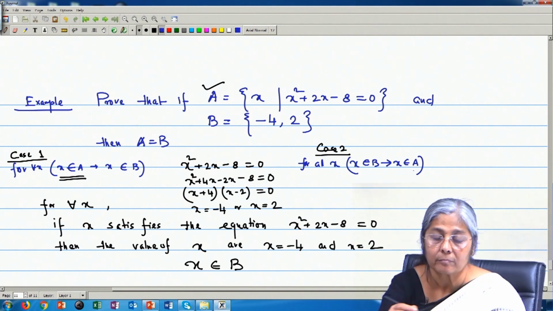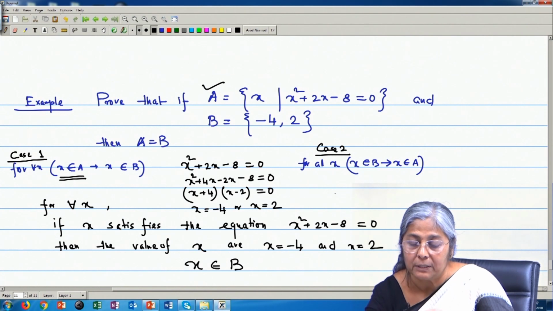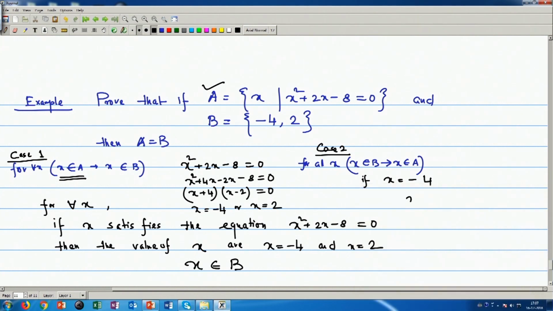Now, we see x belongs to B, x is minus 4. If x equals minus 4, then x square plus 2x minus 8 equals 0. It is true. If x equals 2, then x square plus 2x minus 8 equals 0.